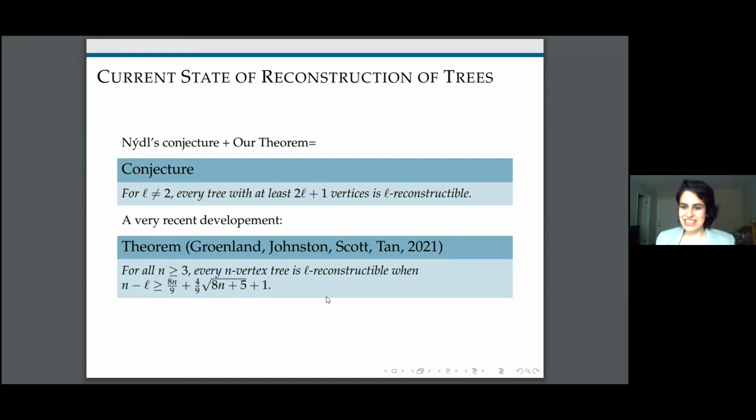As you can see, they are deleting less than 1/9 of the vertices, because it's 8n over 9, and Needle's conjecture said we can push that until almost half of the vertices. But I think that is the only thing known for general L in terms of trees.